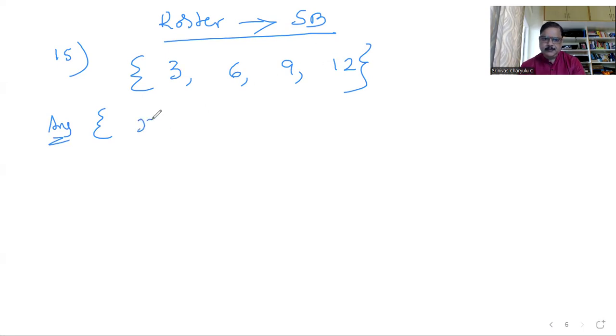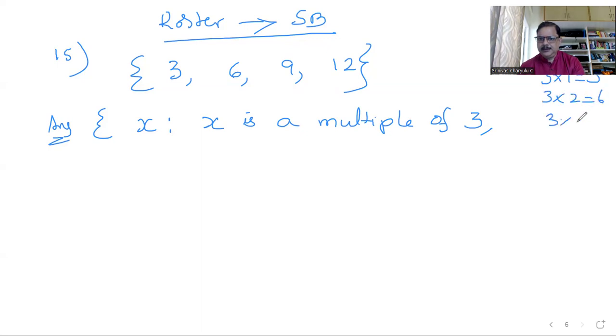So you can write here set of all x such that x is equal to 3n, or simply we'll write x is a multiple of 3, because you know 3 into 1 is 3, 3 into 2 is 6, 3 into 3 is 9, 3 into 4 is 12.